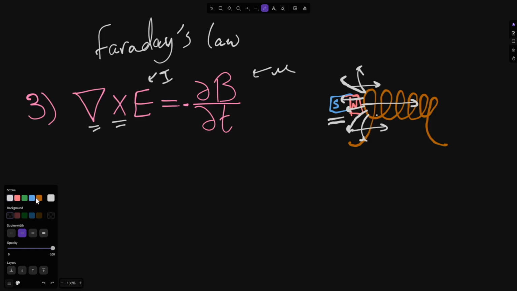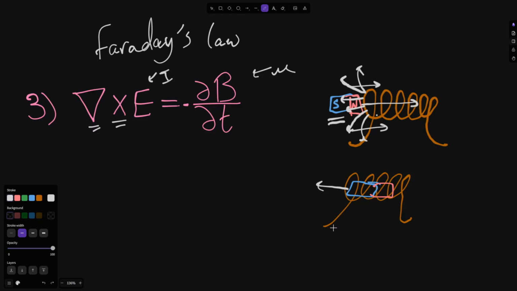But what if this magnet was already inside of our coil, and we tried to extrude it, to get it out of our coil? We will find that the current will flow on the other side, in the negative direction.